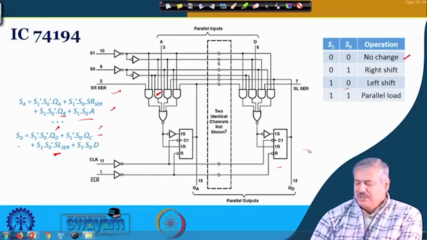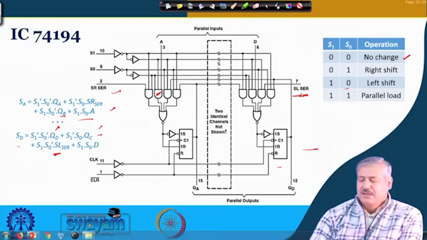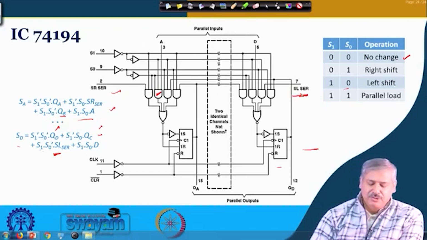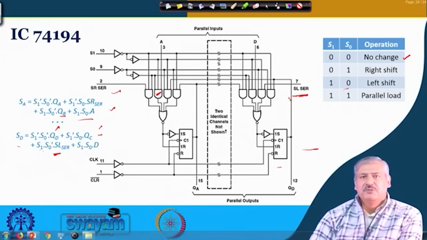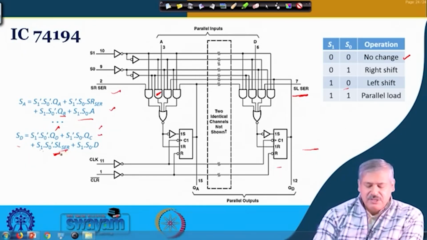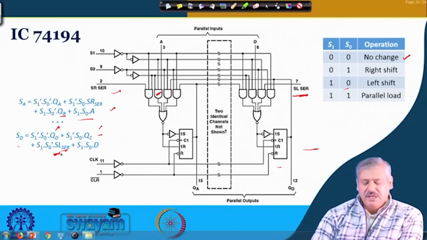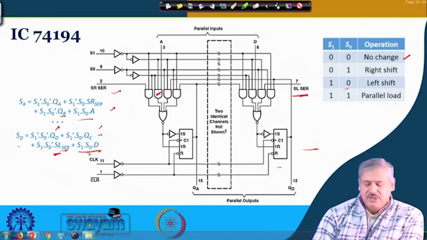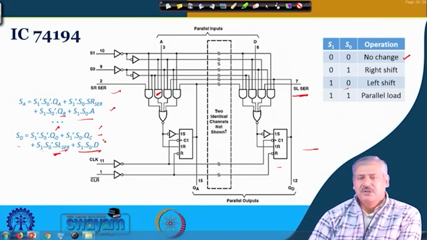Now, there is no other flip flop after this. So, basically then you have to consider serial data in, which is for left shift, that was there in the IC, one of the inputs. Okay. So, that is what is connected here. And finally, when both of them are 1, D is directly getting loaded, parallel load is there.